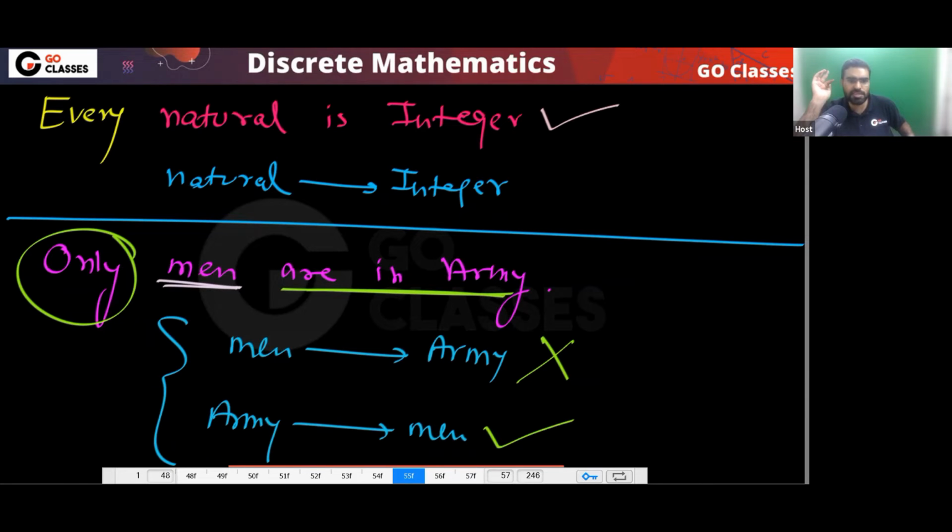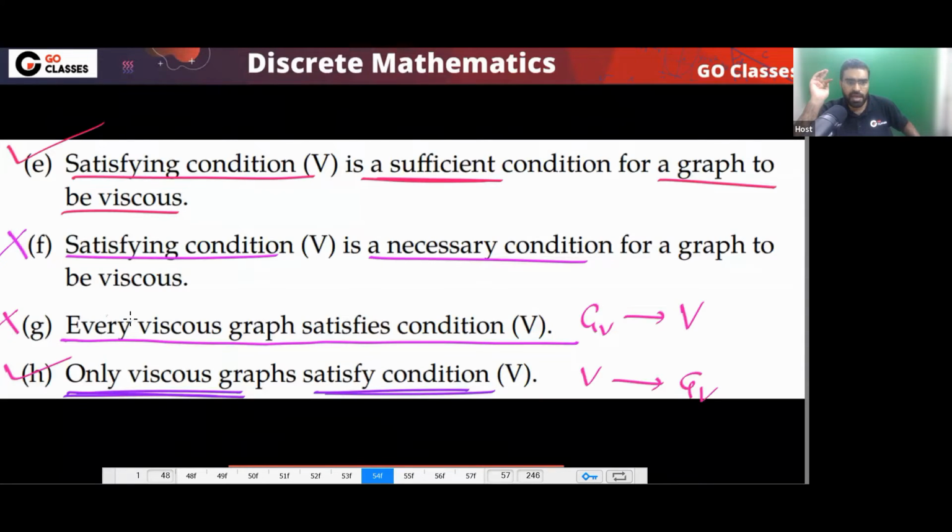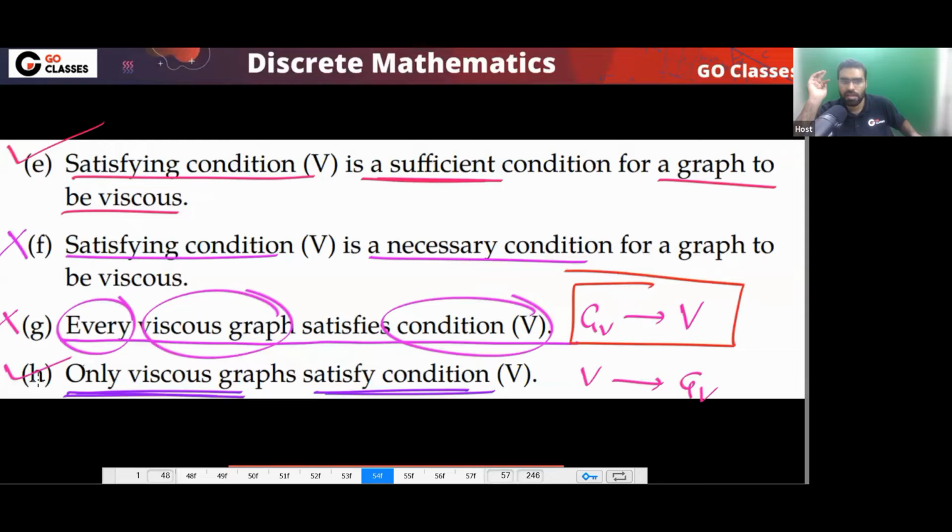So the same thing is happening here. Every viscous graph satisfies condition V. That means GV implies V. And only viscous graph satisfies condition V means if you satisfy condition V, then you are viscous.